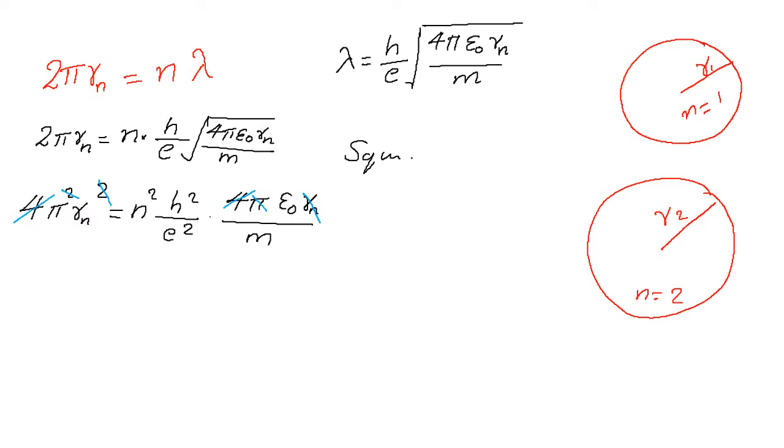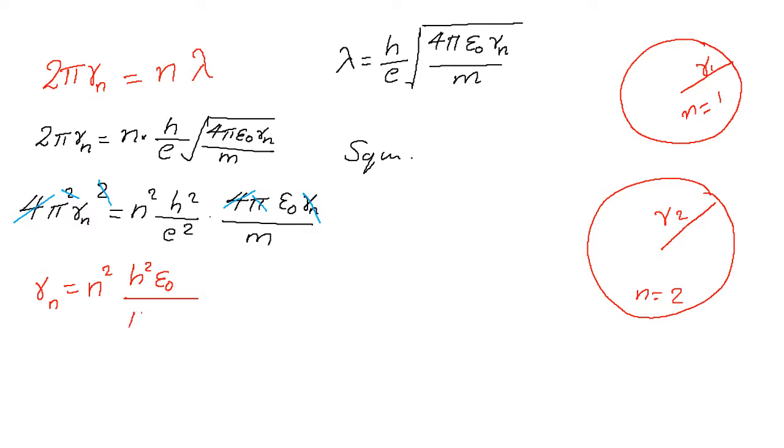That gives Rn equal to, you have n square into h square is there, epsilon 0 is there, divided by, here 1 pi is there on the LHS.